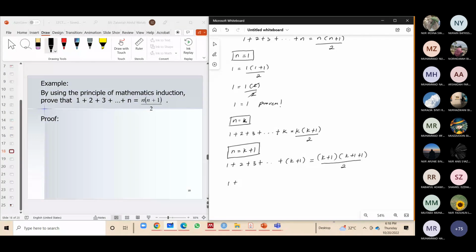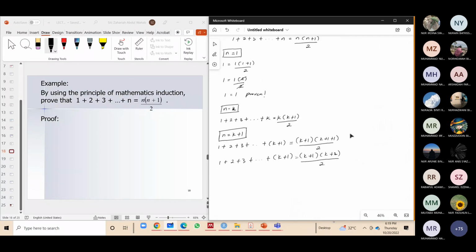So it will be 1 plus 2 plus 3 plus ... plus (k plus 1) equals (k plus 1) times (k plus 2) over 2. Until this line, can you understand? Yes, sir. Okay, good.